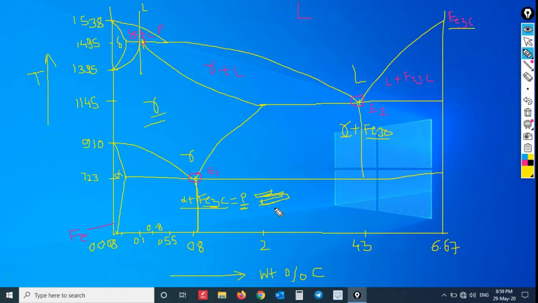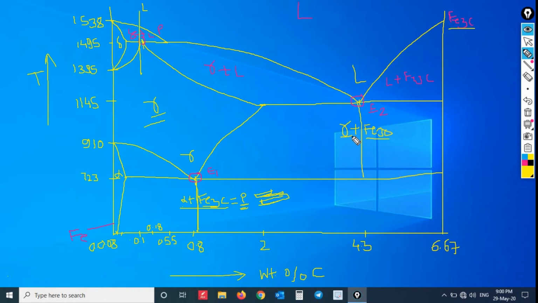When you see this, it looks like pearls, or like your thumbprints. That's why the structure is called pearlite. At 0.8% of carbon, you will get 100% pearlite.